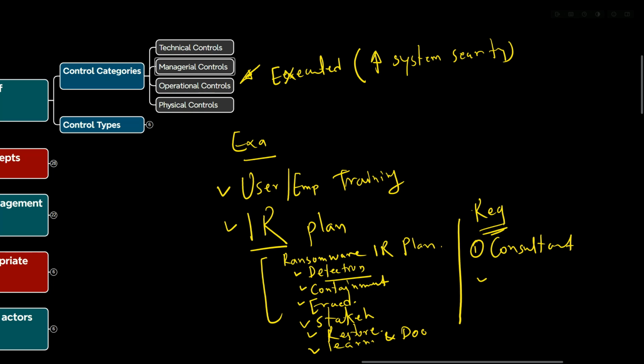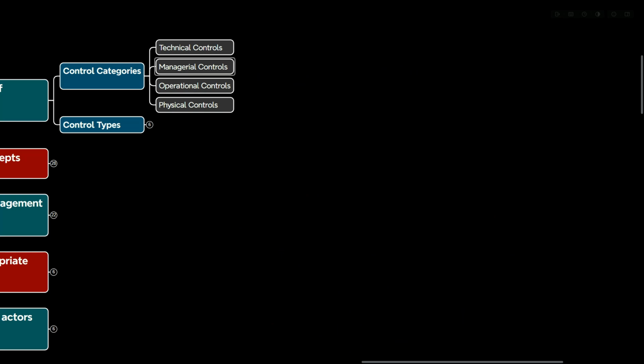Okay, now let's talk about the next section, which is physical controls. Physical control, as the name says, is the first line of defense in controlling areas. So anything that you do to protect your data or information on the physical level comes under physical control.